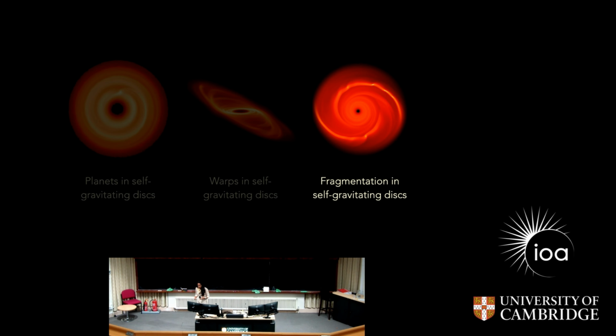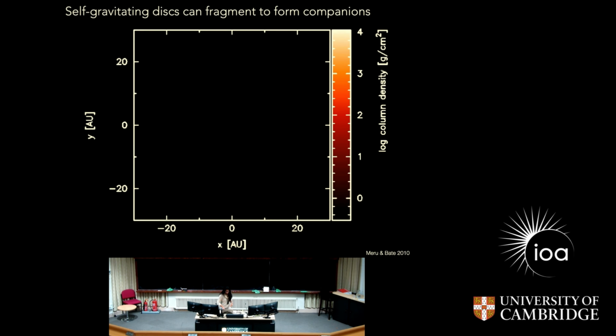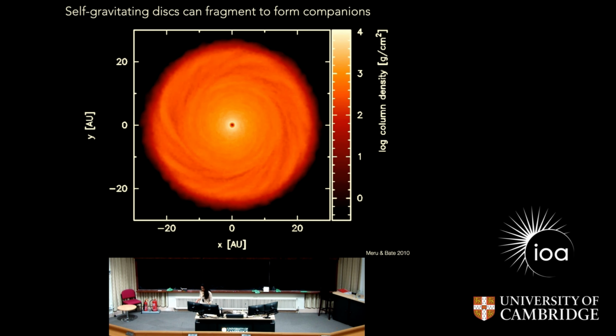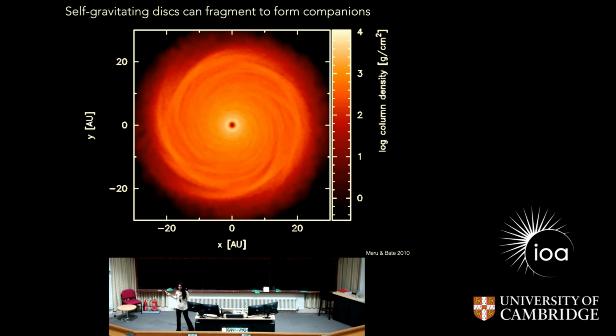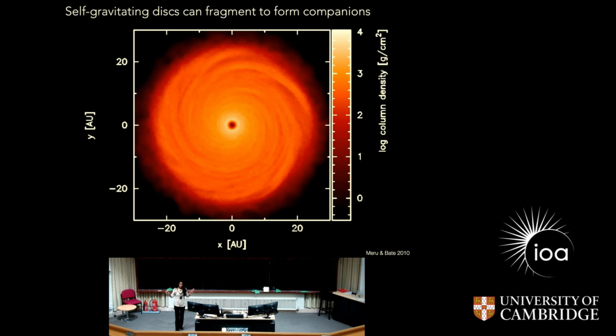So the third topic that I wanted to mention is this idea of fragmentation in self-gravitating disks and the impact that can have on the structure of self-gravitating disks. Now, self-gravitating disks can evolve, and if the conditions are right, these disks can fragment in the outer parts to form companions.